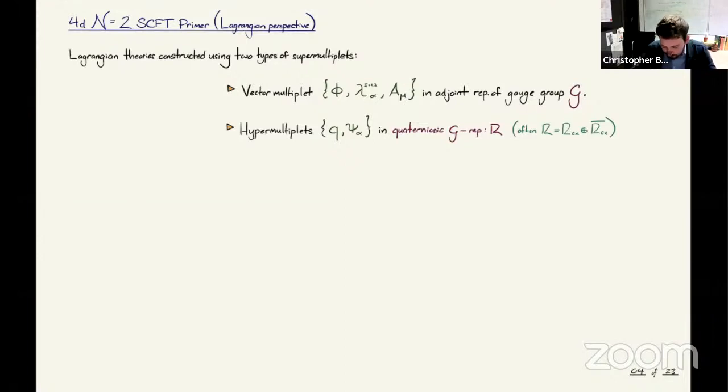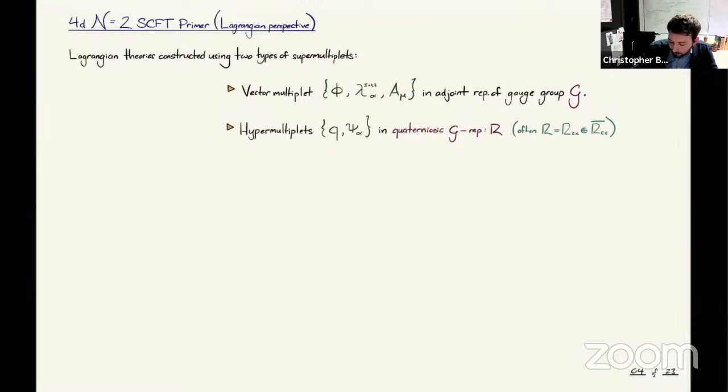So the main ingredients are the free field supermultiplets, the vector multiplet and the hypermultiplet. If I have a gauge theory, then there's a gauge group G, and I have a vector multiplet, which is a scalar, a set of Weyl fermions named lambda, and a gauge field, all in the adjoint of that group.